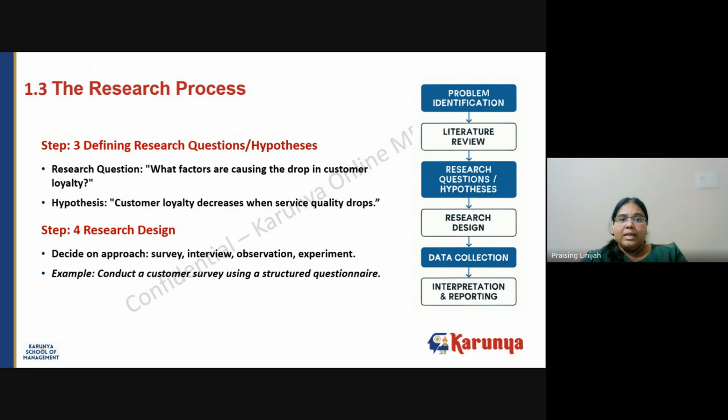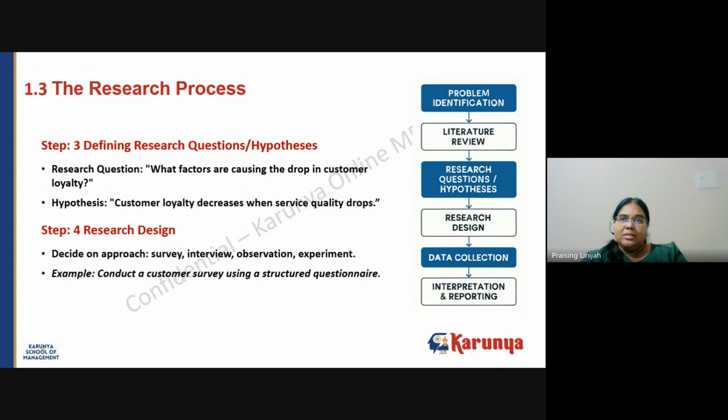We can ask many more questions, but finally, identifying the gap will lead to a clear question, which will help us develop a testable hypothesis. Here, the statement is one which we can try to prove or disprove with the data. Say the hypothetical statement, for example: customer loyalty decreases when service quality drops. Right? This hypothetical statement reflects a focused prediction, providing direction for our research design.